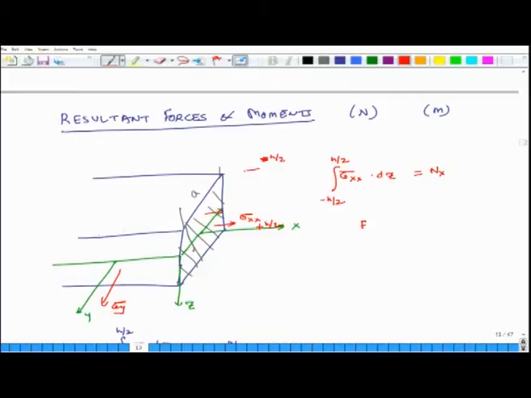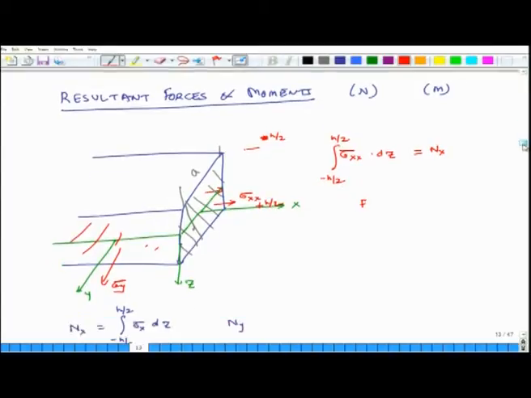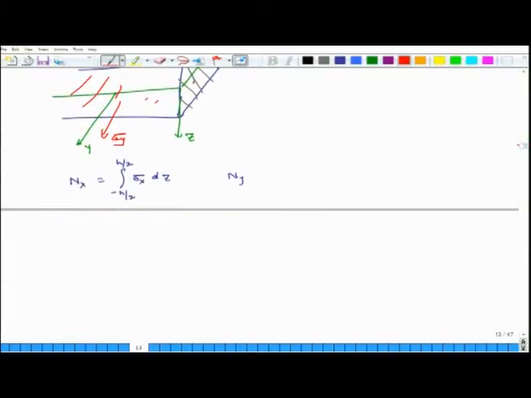So, if I integrate sigma y on this entire surface and then I use it on a per unit length basis, then I get Ny. So, that is equal to the integral of sigma y dz.